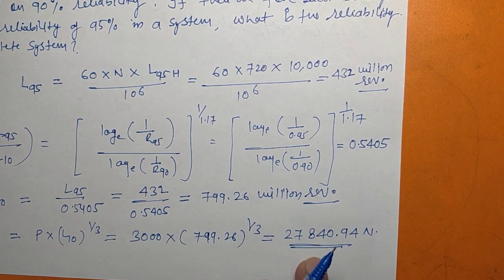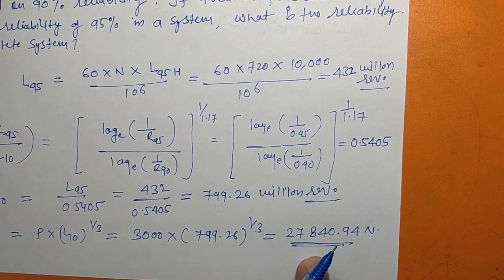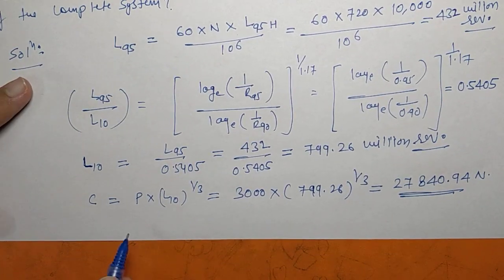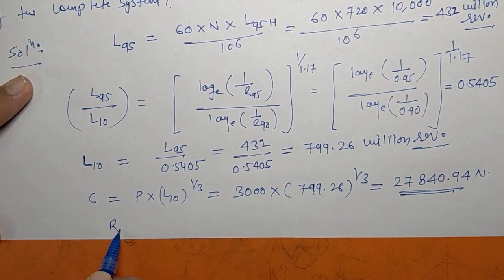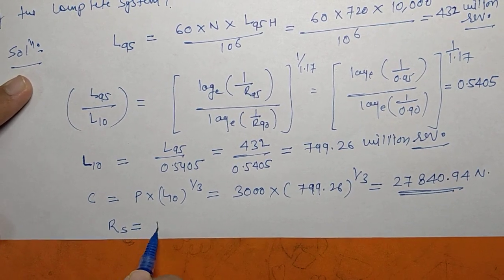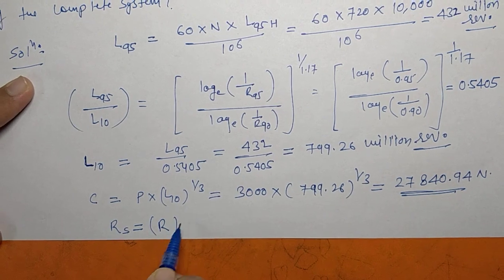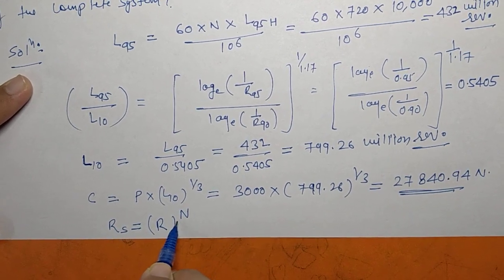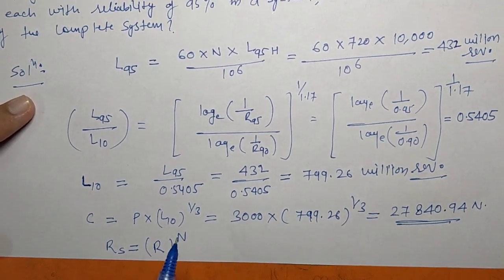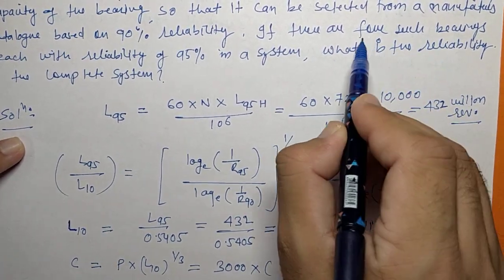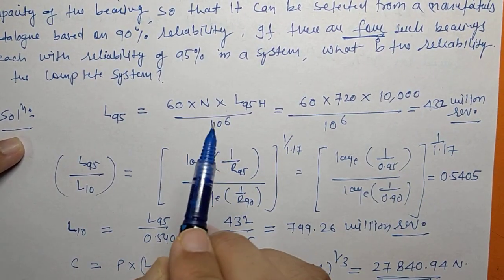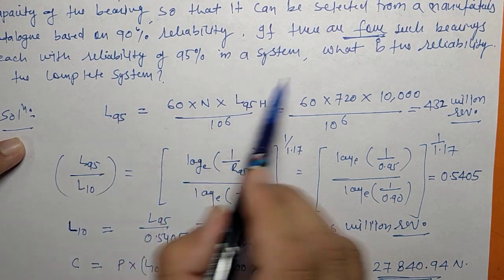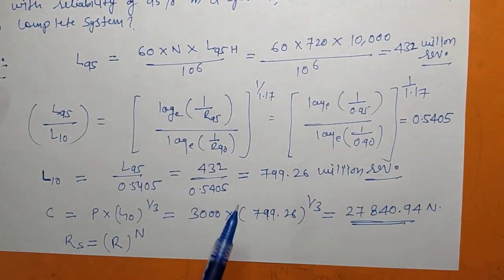This is the dynamic load capacity C. Now the system reliability RS is given by the reliability of bearing raised to power n. Here n is the number of bearings. In this there are 4 such bearings, and we need to find out the complete system reliability.